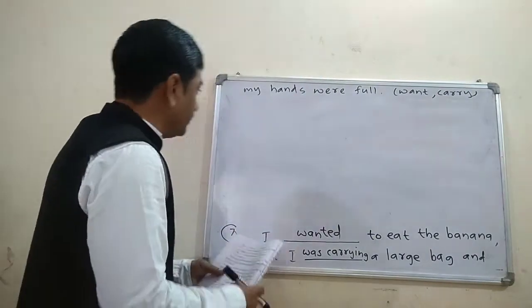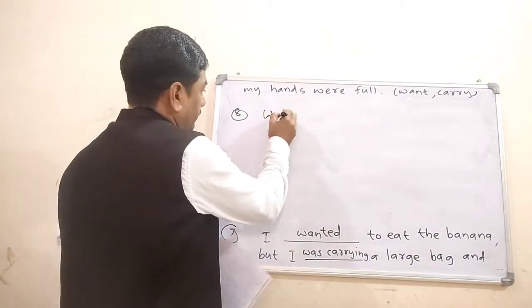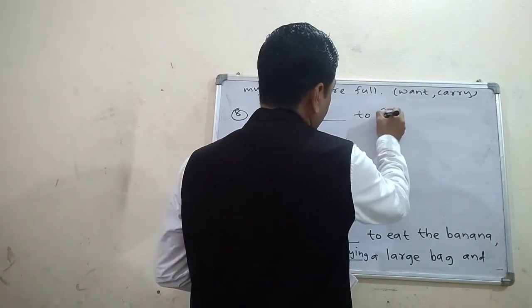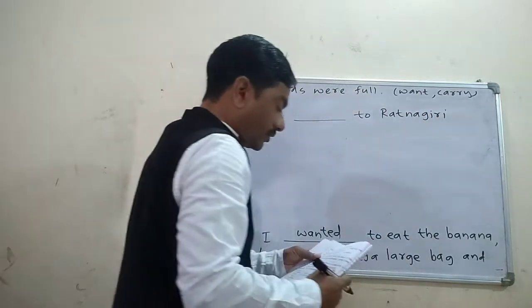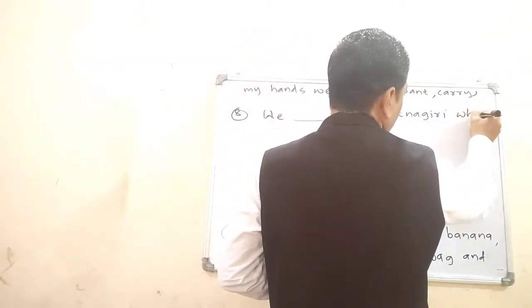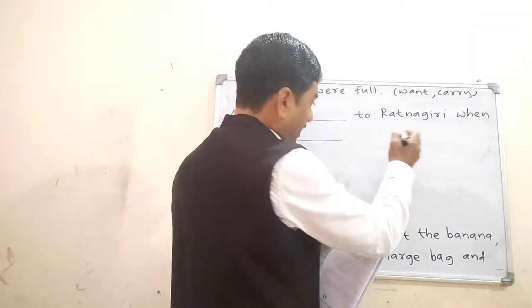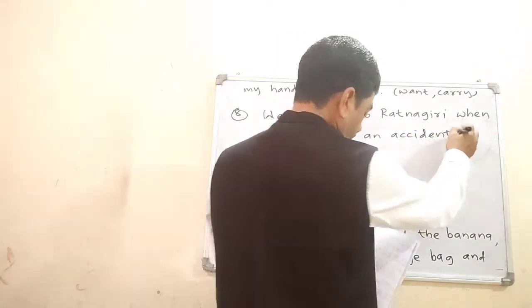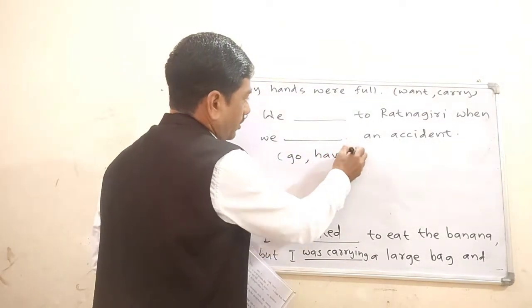Next sentence is there. We ___ to Ratnagiri when we ___ an accident. So there are two verbs, go and have.